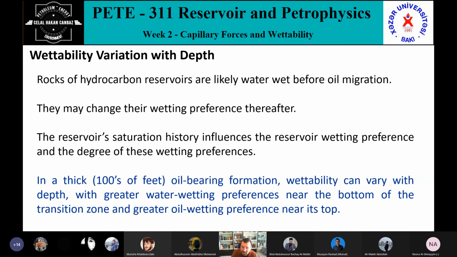The higher zones have a greater capillary pressure, which can overcome the disjoining pressure and destabilize the water film, allowing surface active components in the oil to contact the solid. Lower in the structure, the solid surface mostly retains the water film. All right? So let's give an explanation of this.